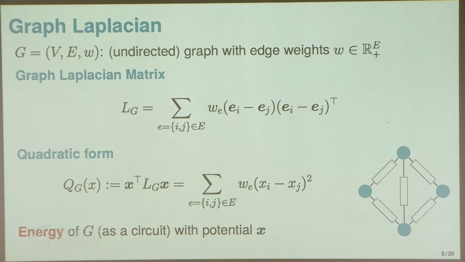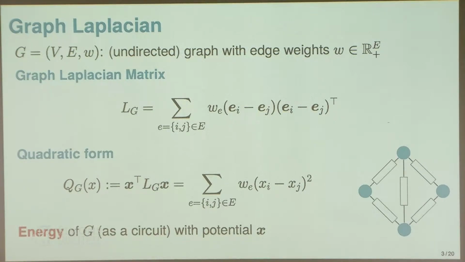And how can we interpret this quadratic form? There's a nice interpretation here. Let's look at an undirected graph, which might be weighted, as an electrical circuit. So each edge is a resistance, so weight corresponds to the resistance. If you feed vector x, we are basically setting potential of nodes.